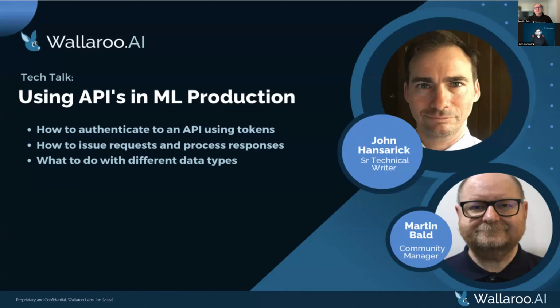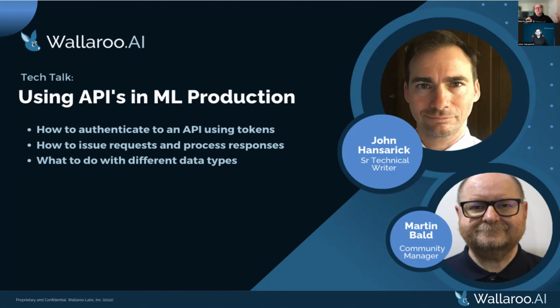Today we are going to cover using APIs in ML production. This is a great way for folks who have been through the ideation and testing phase and are ready to get into production. How do they authenticate and use that API to get their project moving in the right direction?